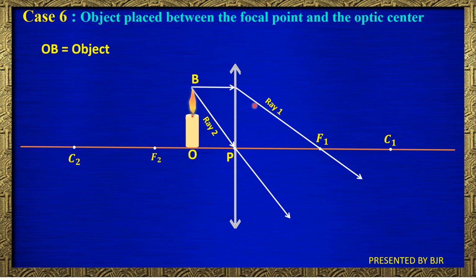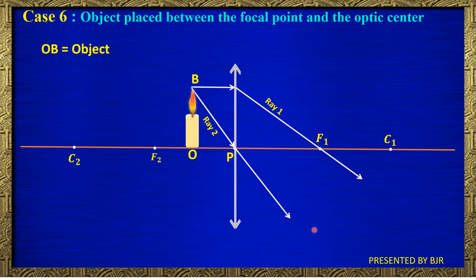So observe very carefully. Let us trace the two refracted rays here. This is the first refracted ray and this one the second refracted ray. If you extend them forward, their separation gradually increases.